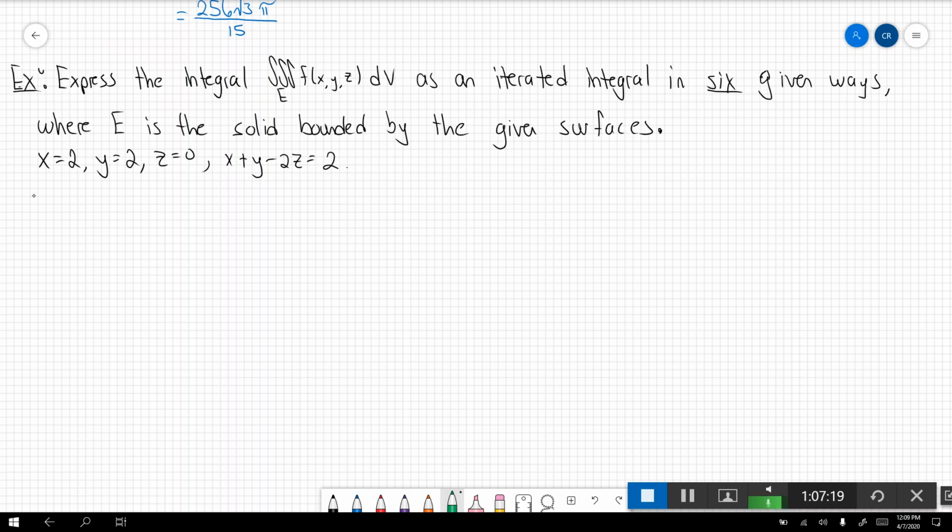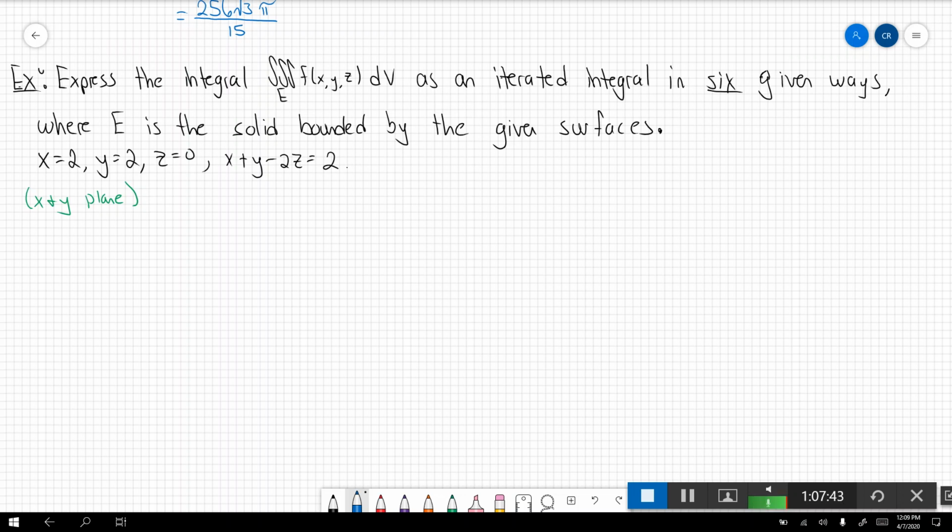So I'm going to say, let's choose the x and y domain, in other words, the x and y plane. If we're going to start working with the x and y plane, that means that the 2 outermost integrals are going to be x's and y's, and the innermost integral is going to be that z value.